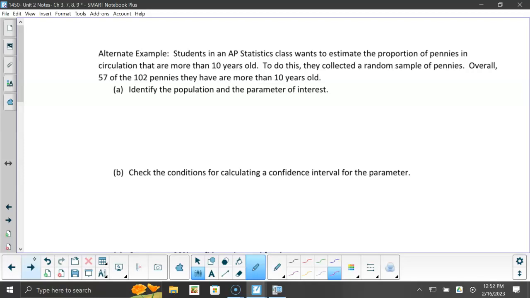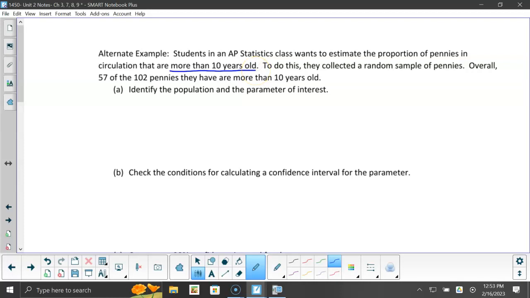All right, so now we're going to get into actually doing all of this in a minute. So we've got calculators, because you're going to want calculators. You're also going to want that table C available. All right, table C. Students in AP Stats were told to estimate the proportion of pennies in circulation that are more than 10 years old.